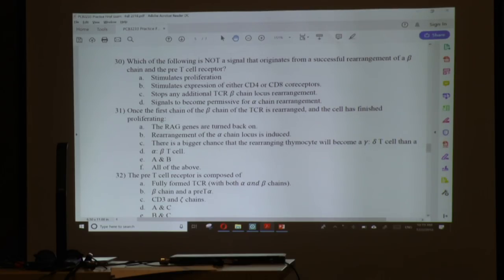So basically, you're floating around, testing, and whenever you can bind to an MHC, if it's an MHC1, then you're going to turn into a CD8 cell. Right up until that moment you were a double positive cell, meaning that you had both CD4 and CD8. So if you recognize an MHC1, you keep all the CD8, you cut out and remove all the CD4. And then if you recognize an MHC2, then you keep all the CD4 and get rid of all the CD8, right?